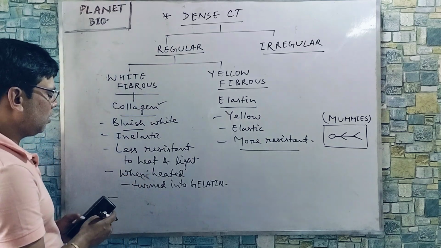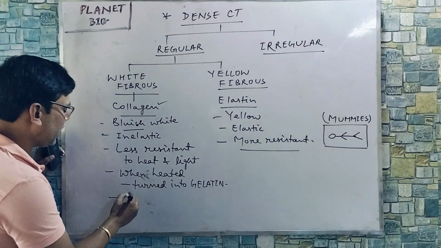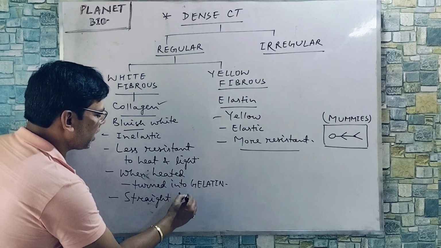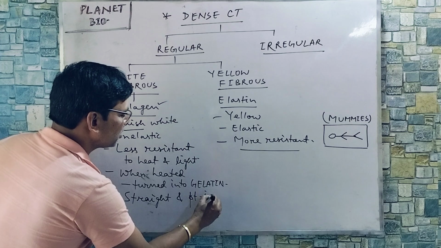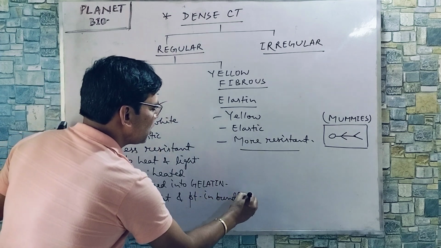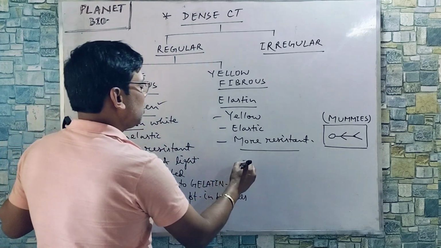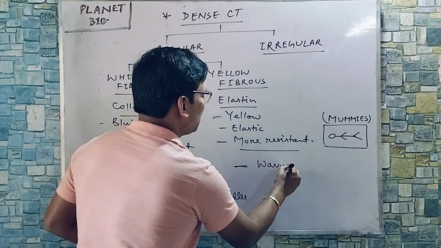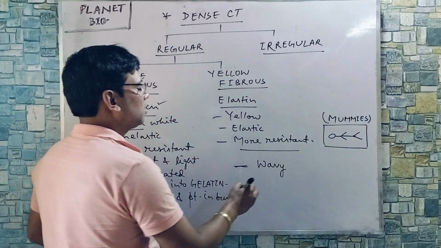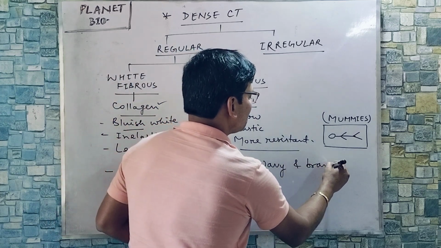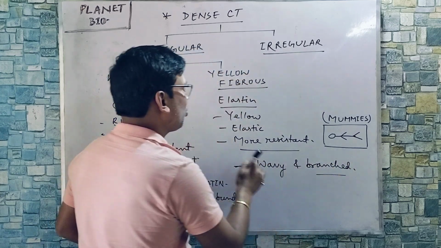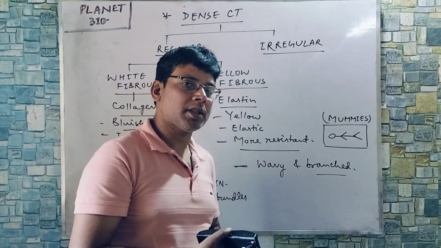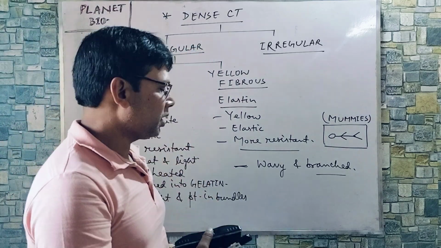Collagen is straight and found in bundles, straight and present in bundles. But this one is not straight, rather wavy, and you can say branched also, wavy and branched. Although both have been secreted by fibroblasts. So this is the similarity. Fibroblasts are the principal cells present in connective tissues.